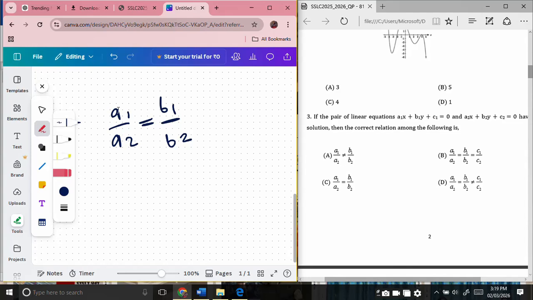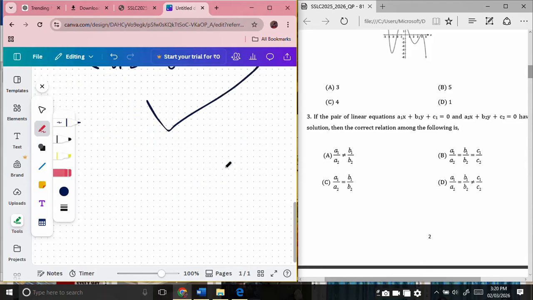For a pair of linear equations, a unique solution means when they intersect at one point, there is only one solution. So here it is intersecting, right? So a1 by a2 does not equal b1 by b2 is the correct option. If it were equal, then a unique solution is not confirmed. So this is the correct option for question number 3.